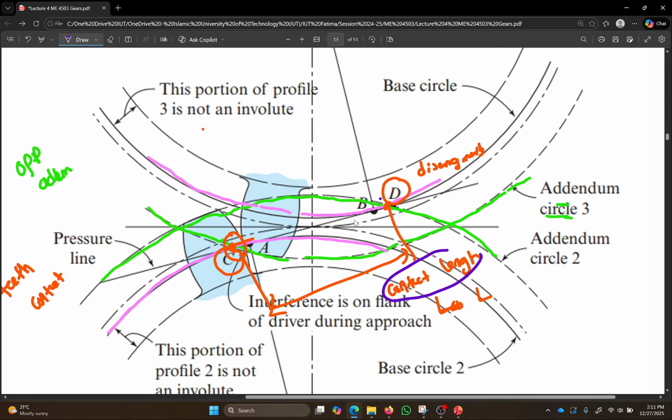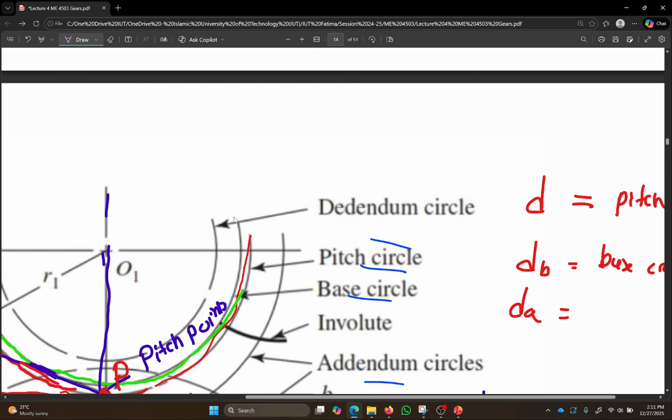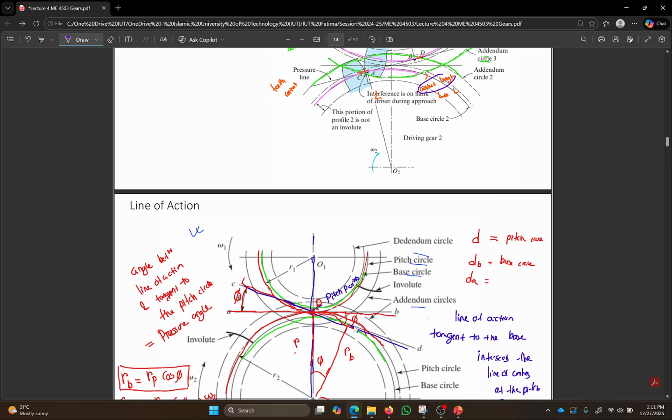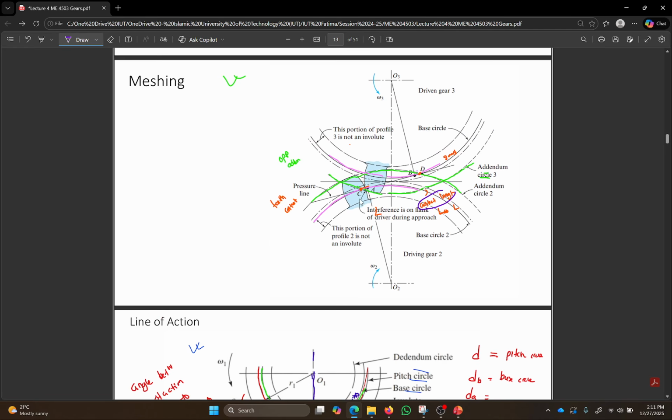Let me erase some part of it. This one, this one. In the other slide, we saw the line of action like this one. Similarly, I could have denoted the line of action like this. It's basically the same thing. So over here, let's do that.